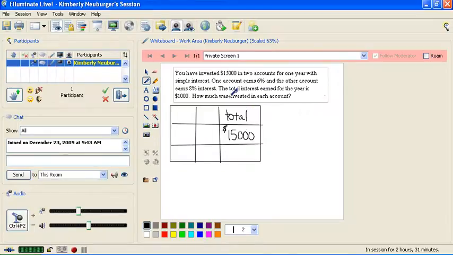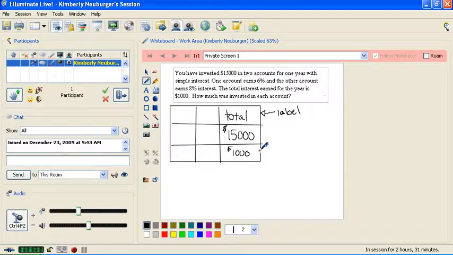And then the other total is the interest earned for the year, which was $1,000, which I'm going to put in this box. Notice that I have the word total in the first box of this column. That's because this first row here is always your labels of what each column is going to represent.